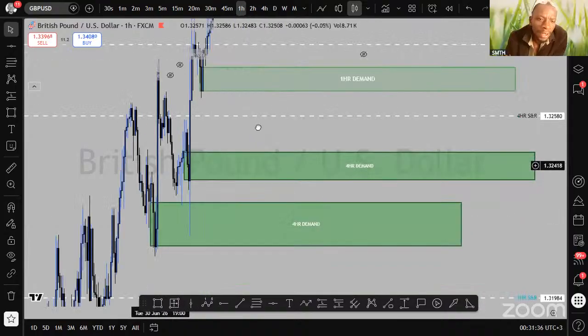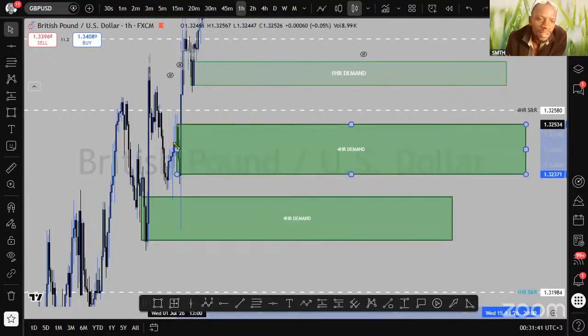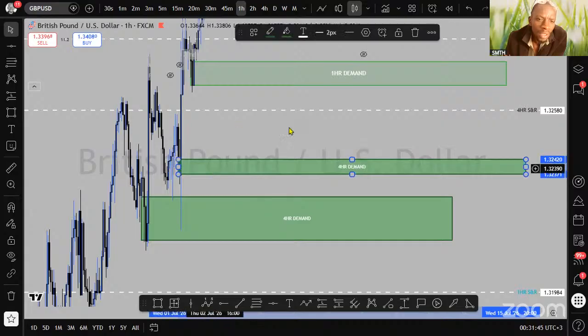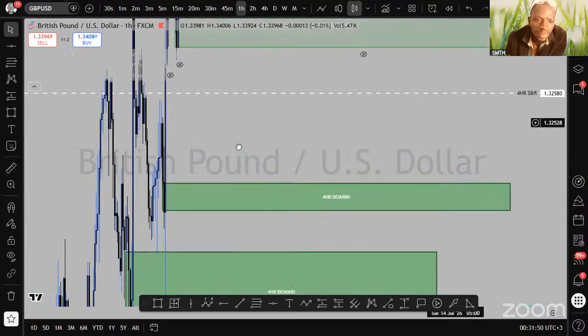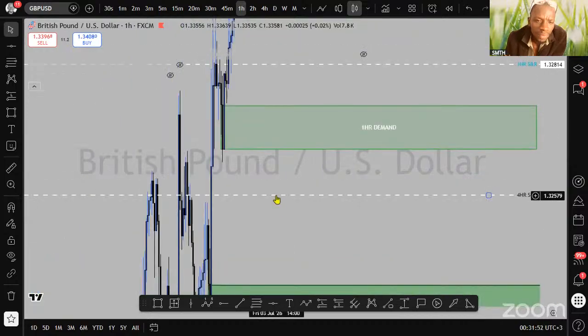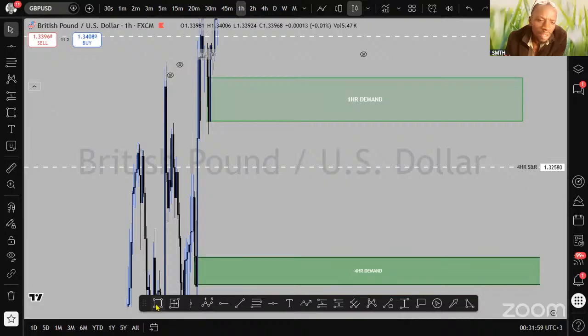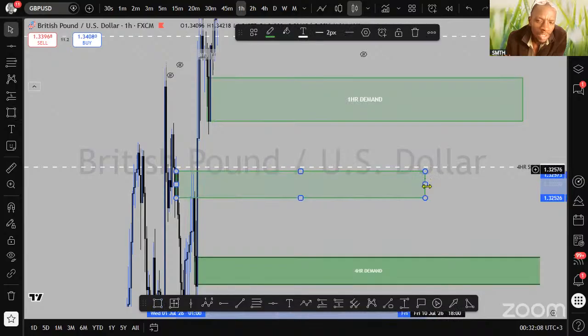Now here, I can decide also to do the same thing, either do like this or focus on here. Then this was our 4 hour resistance. Can you see this one? Is it still valid? Yeah, it is valid, but the only thing I'm loving now is what is so crucial there.